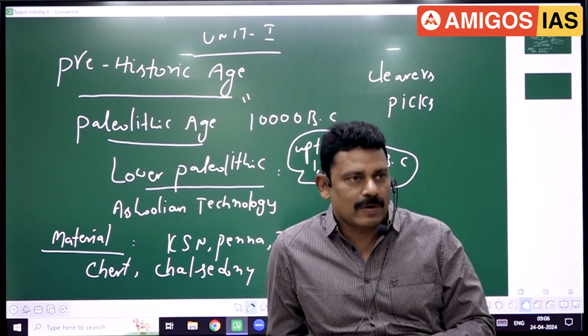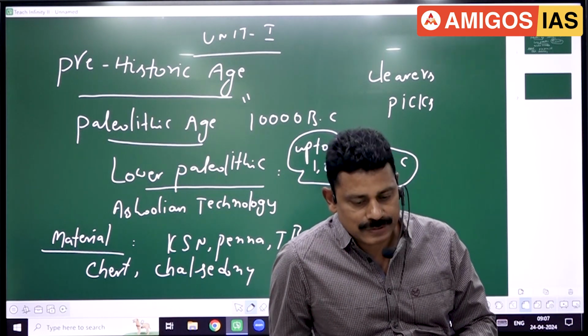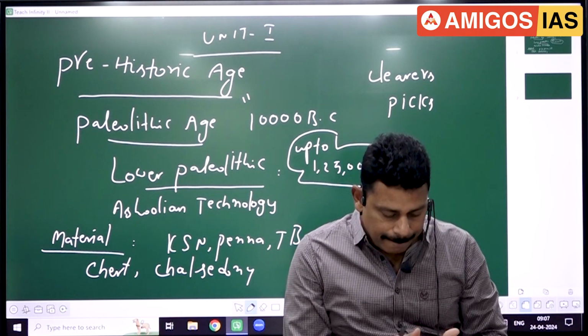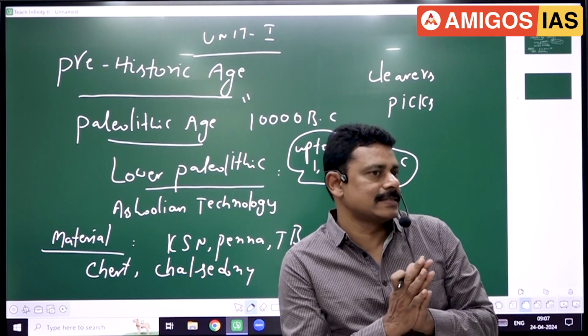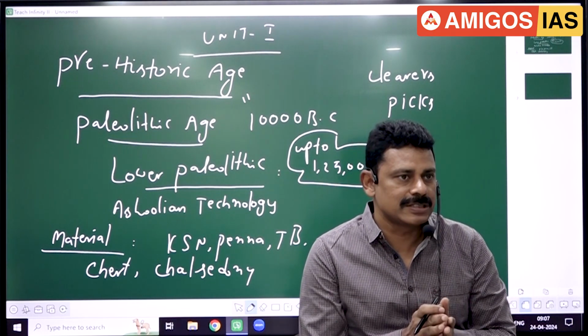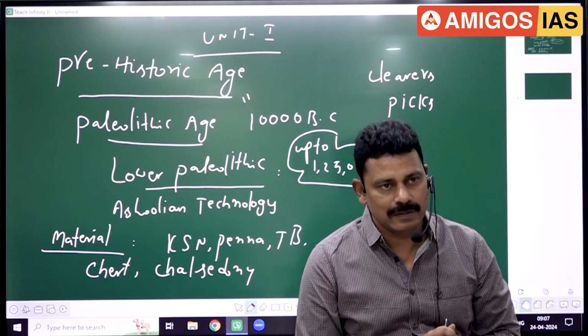Then what are the sites from where these tools have been recovered by the scholars? We have some important sites here. As far as Kurnool district is concerned, the majority of the tools have been recovered from various places in the erstwhile Kurnool district.